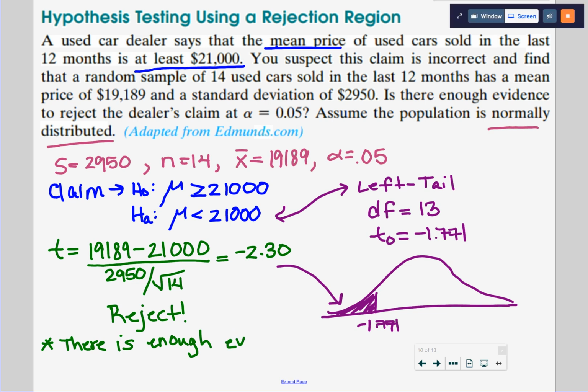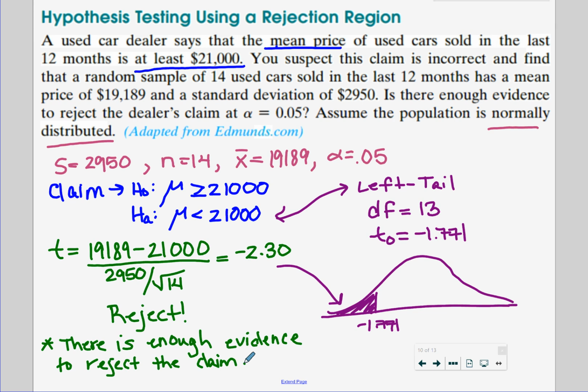In this case, because the null hypothesis was the claim, we're going to say there is enough evidence to reject the claim that the mean price of used cars sold in the last 12 months is at least $21,000. Okay?